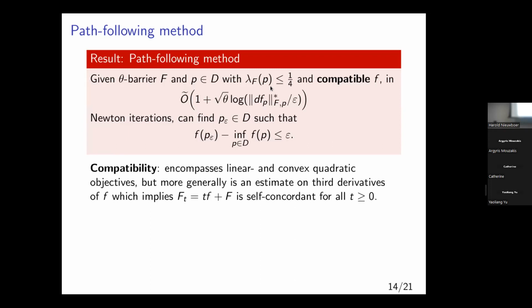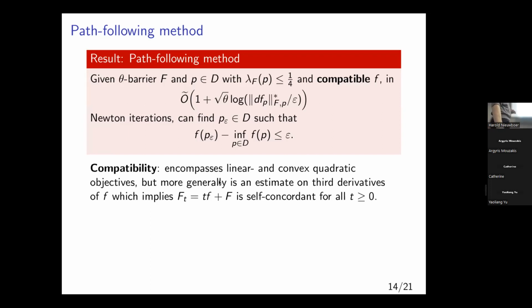Now I said here the word compatible. You can ask what type of objectives can I directly optimize by following this path. Basically, the thing you need to assume about your objective is that it's good enough to get some estimate on your objective such that this function is still self-concordant for all times.